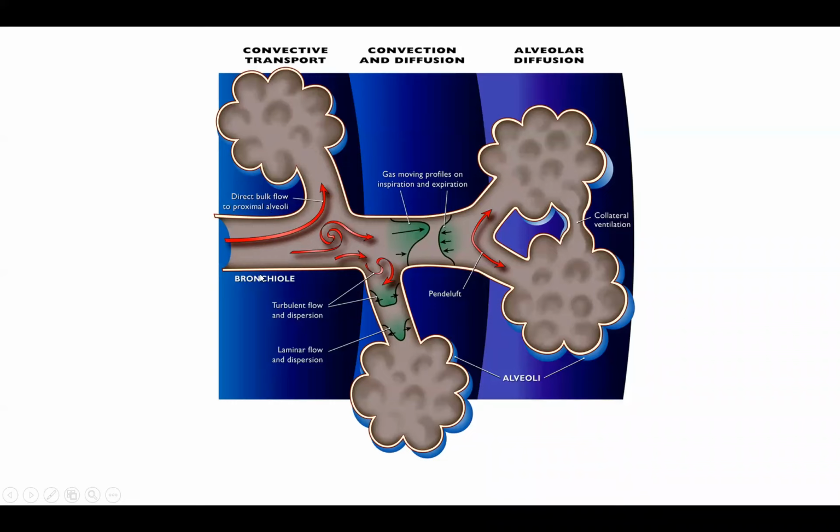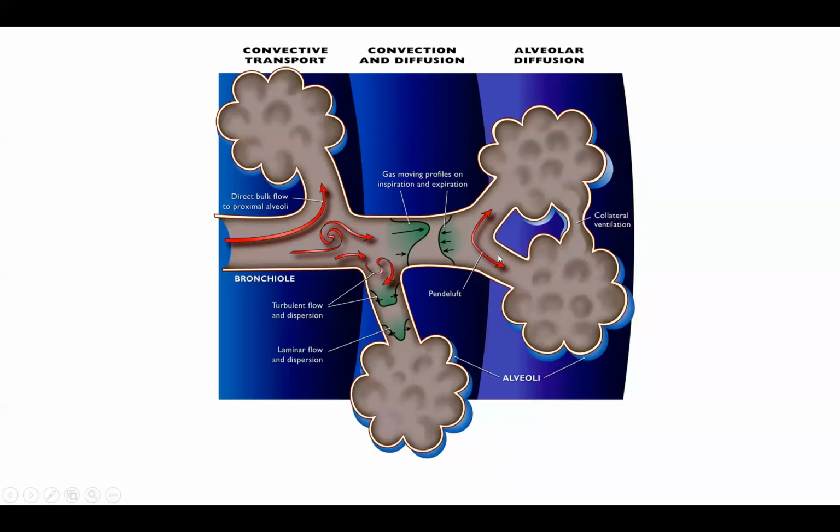There are other forces, namely something called convection, and there is something called pendelluft, which is a process that has been described aside from oscillation, which is collateral ventilation from one alveolar unit to the other.